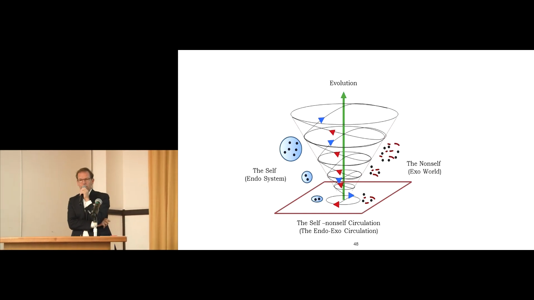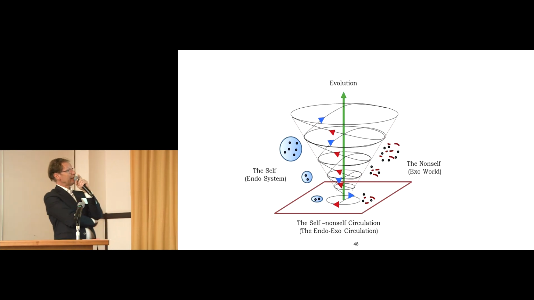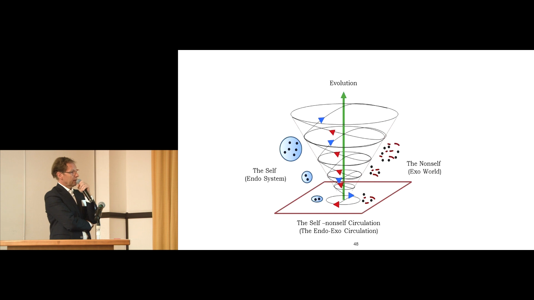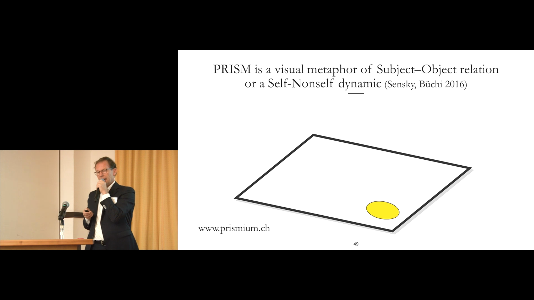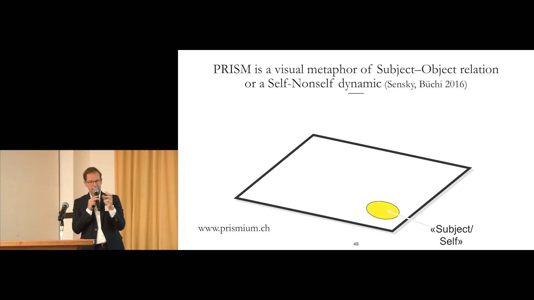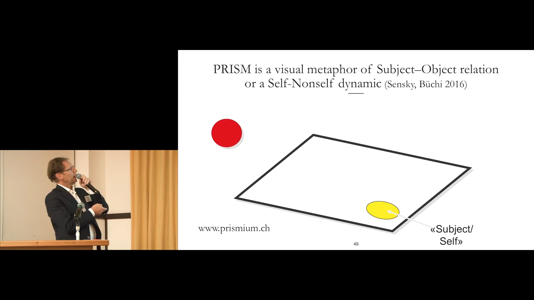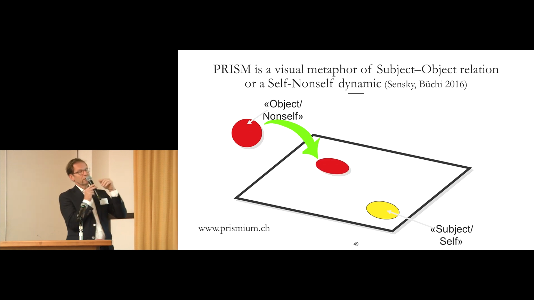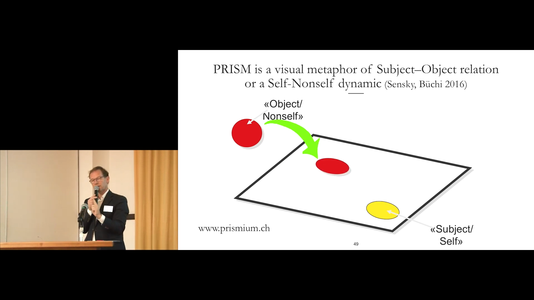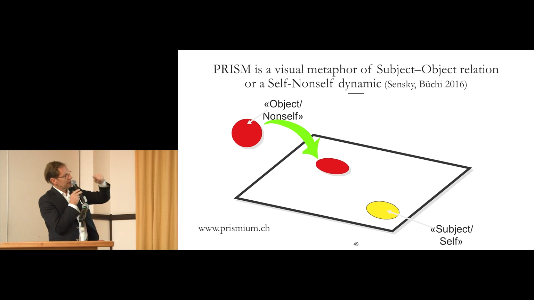So how should we apply this idea to the understanding of suffering? One is, it's very evident that we can see PRISM as a very simple visualization of this self or subject to non-self relation in a certain context. So that's evident, it's very similar to this idea of this creation of life.